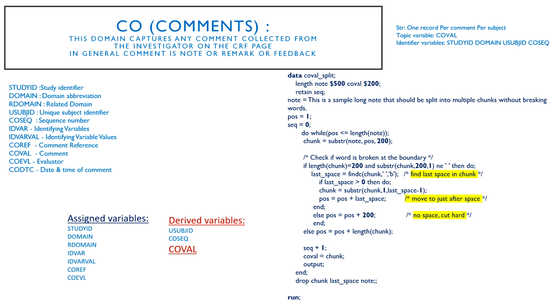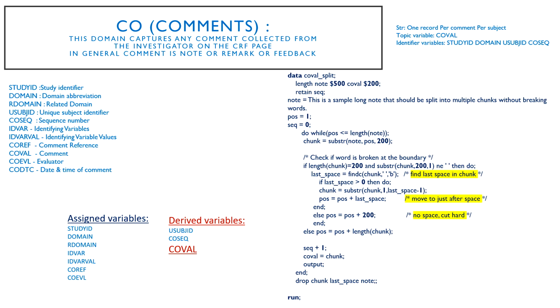In case the length is not equal to 200, this is not satisfied, right? Then the position value will be added with 200. If it is not equal to missing, then that length will be below 200. Then the position value will be 1 plus the below-200 value, and again it will loop. Then the sequence value we add, then coval 1.